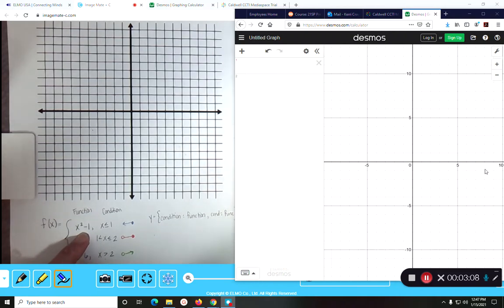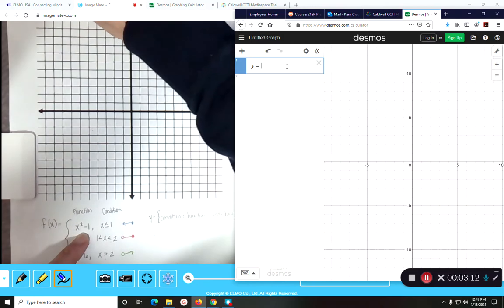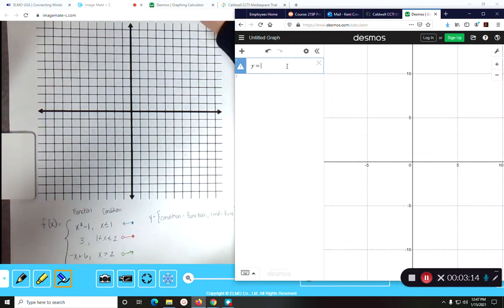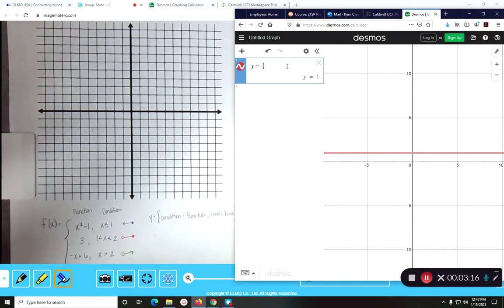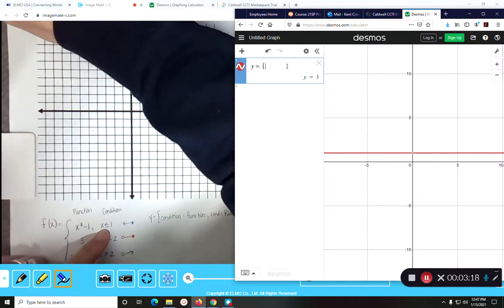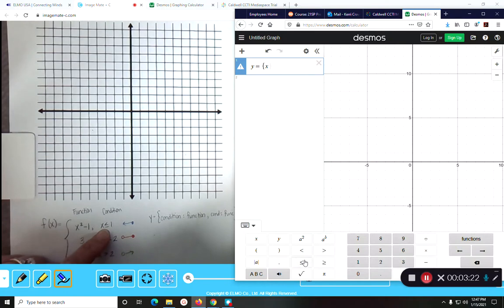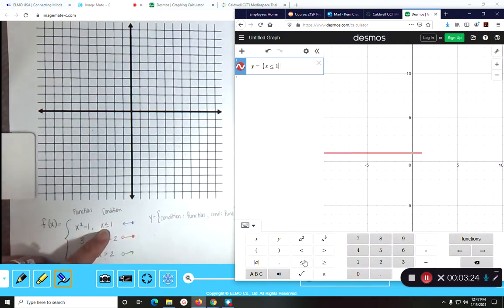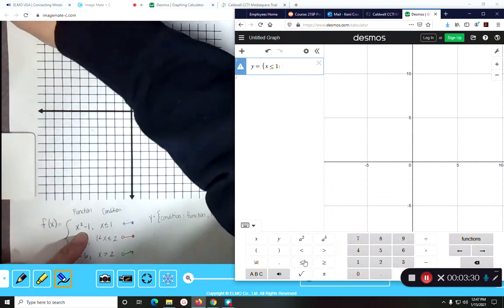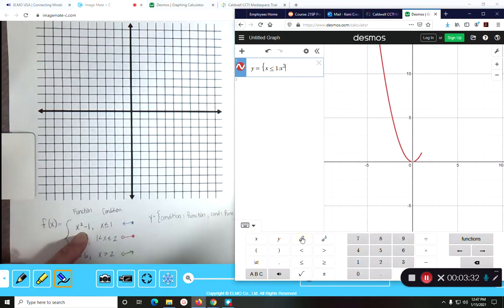So I'm going to go over here to Desmos and I'm going to type in y equals set notation. My first condition is x is less than or equal to 1. Then I'm going to put my colon, and then my function is x squared minus 1.